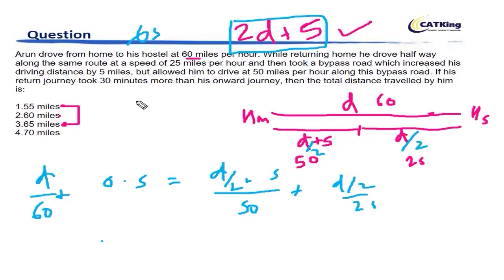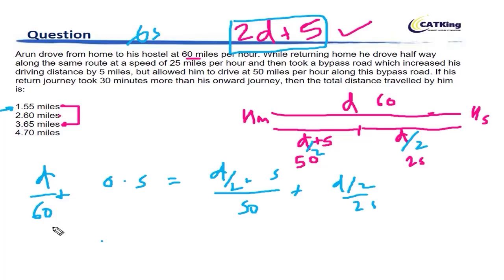Let's check both of these out. If you put 2d plus 5 equal to 55, d becomes 25. If you put 2d plus 5 equal to 65, d becomes 30, right? So let's try one of these out. We will know if the second one is the answer option or not.